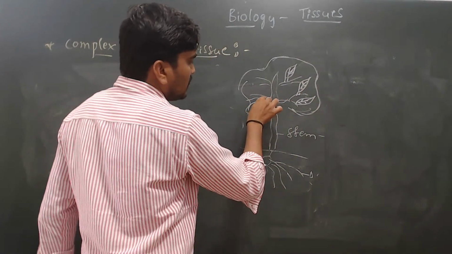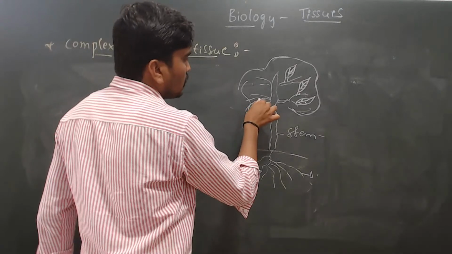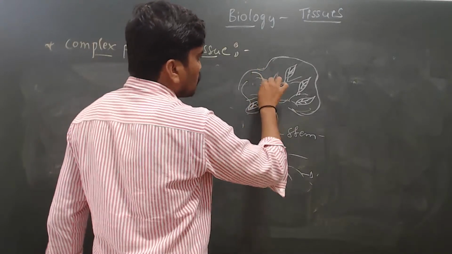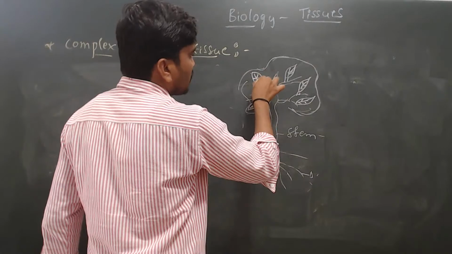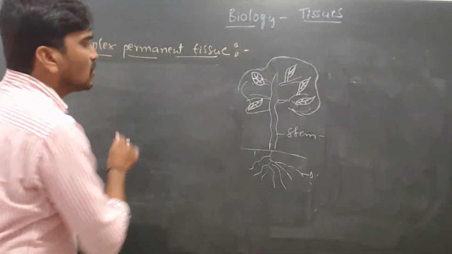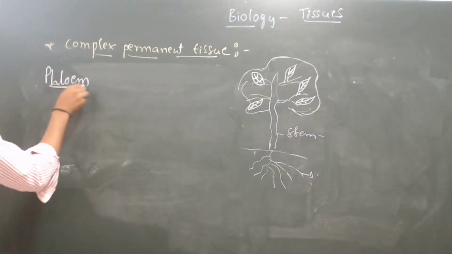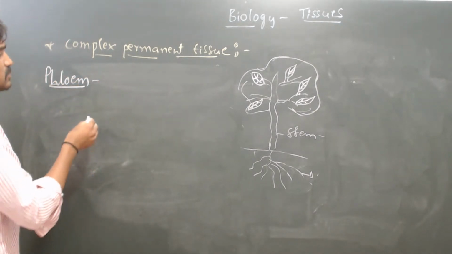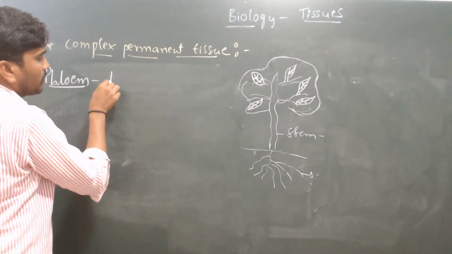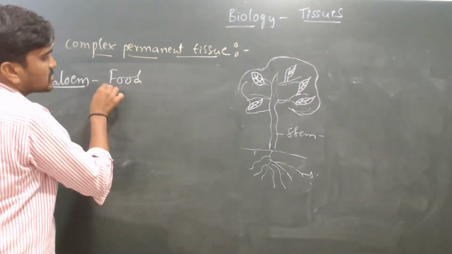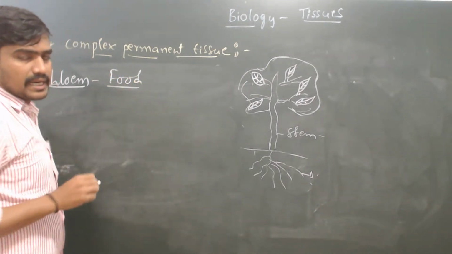Because of that reason, phloem is known as food conducting tissue. Phloem is known as which type of tissue? Food conducting tissue. Now I will explain about phloem. Phloem helps to transport the food.